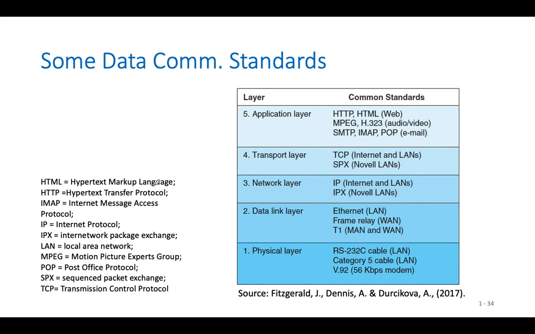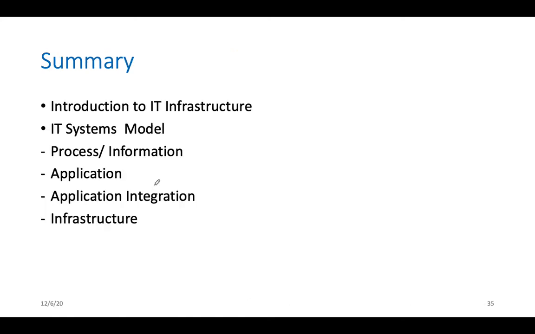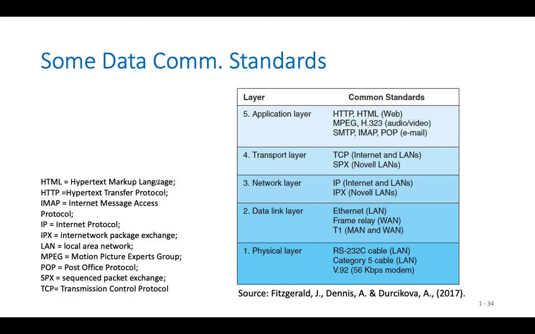However, we don't want you to memorize the common standards, but I want you to remember, for each layer, the most famous protocols used in this layer. And we will cover that in the coming few weeks.